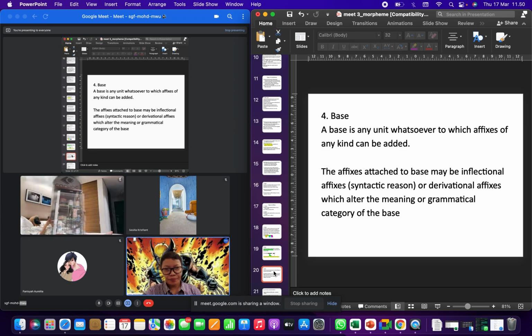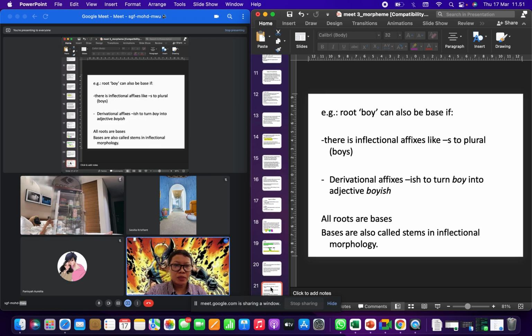Now here, the affixes that we attach to the base may be inflectional affixes based on syntactic reasons, or maybe derivational affixes which alter the meaning or grammatical category of the base. So that is why we can say that the root can also be base. As I said before, root and base are the same.